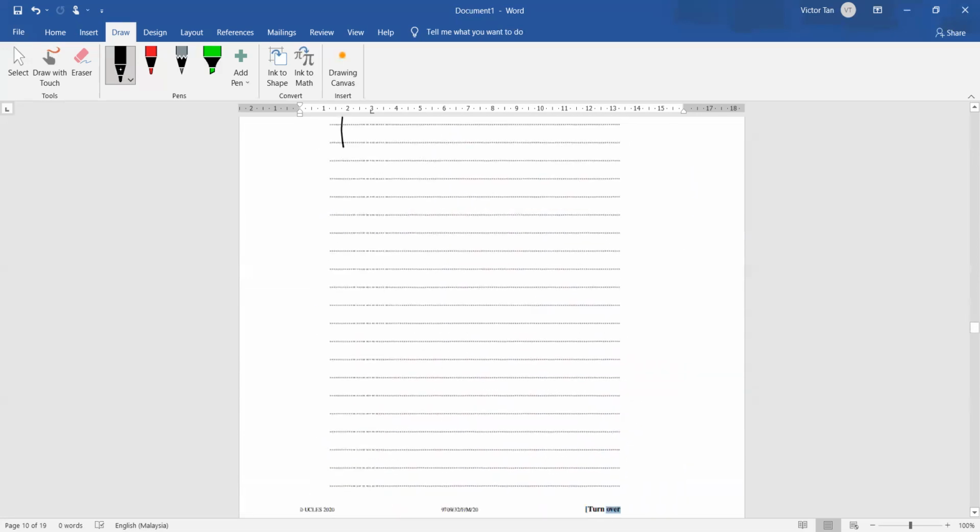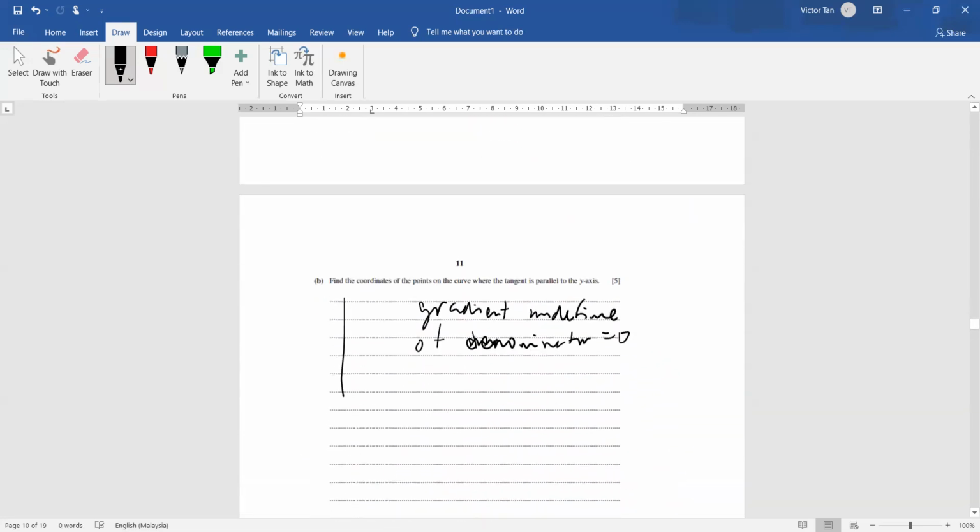So you have y squared minus 2xy equals to 0. Factorizing, you get y times y minus 2x equals to 0. So y equals 0 or y equals to 2x.